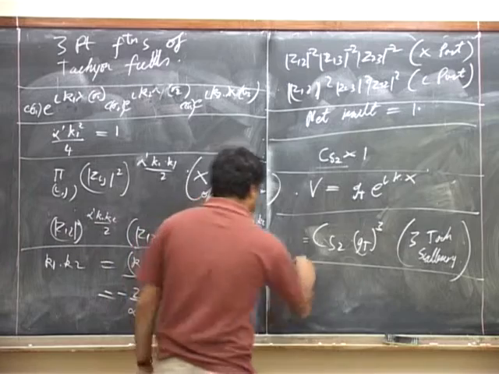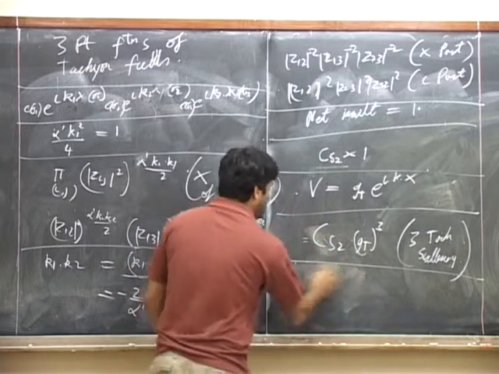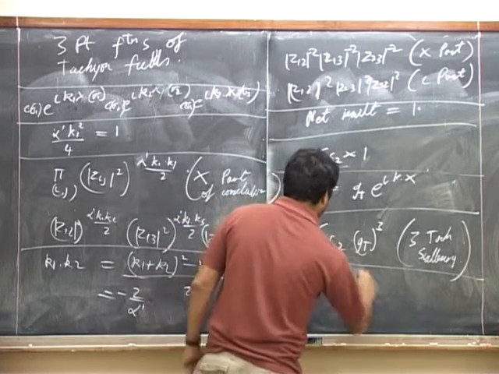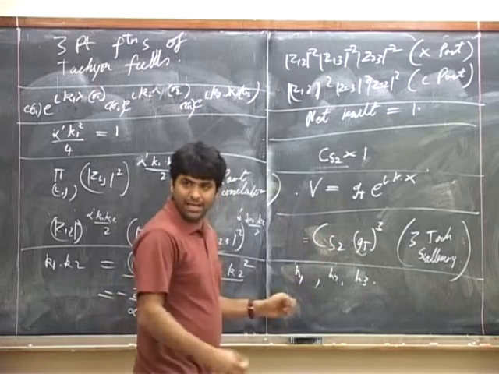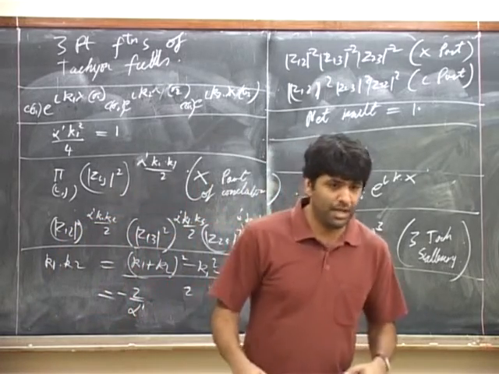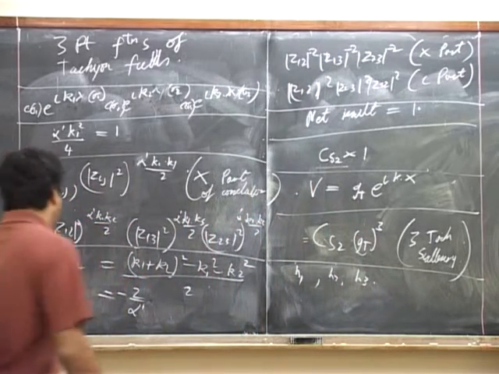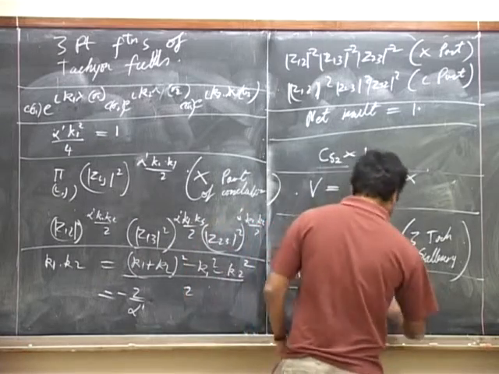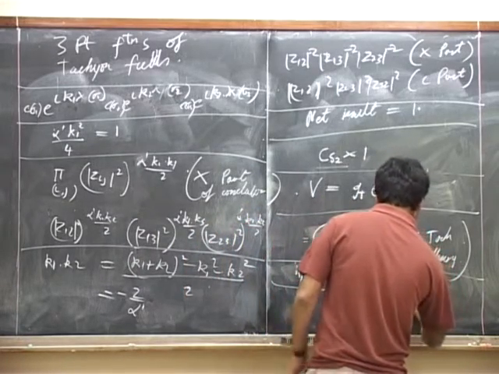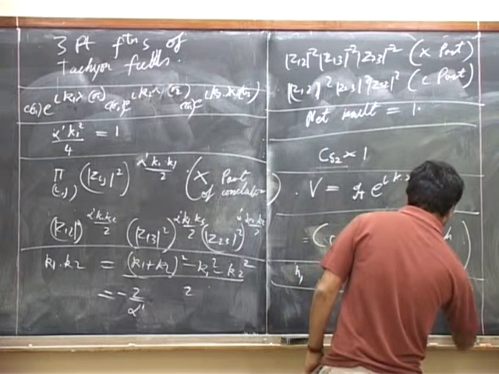You see, suppose you've got three operators, and suppose their weights are H1, H2 and H3. And I want to compute the correlation function of these three operators. Then scale invariance determines that they transform like 1 over Z1 to the power (H1 plus H2 minus H3)/2, and so on.